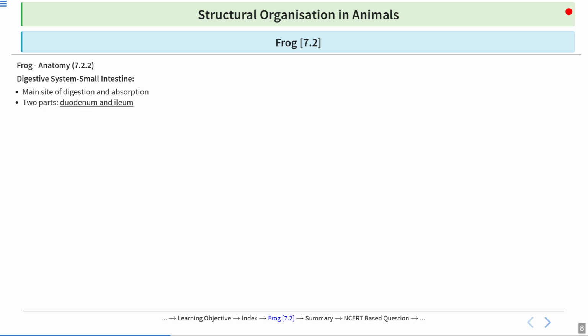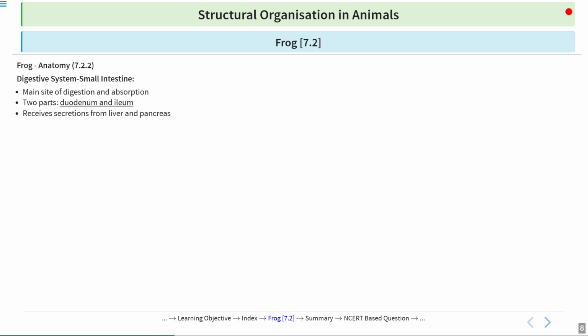It can be divided into two parts, duodenum and ileum. In humans, the intestine is divided into three parts: duodenum, jejunum and ileum. But in the frog, this is the difference: they have two parts, duodenum and ileum.